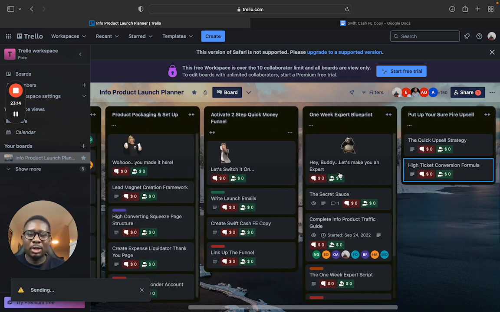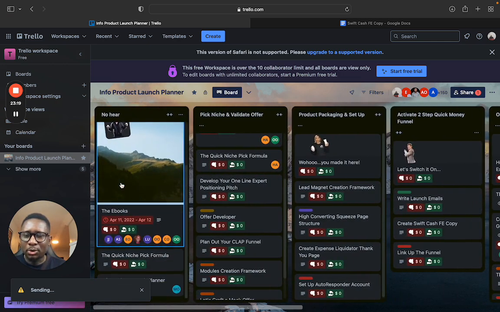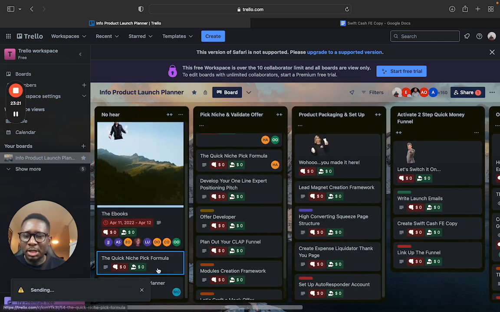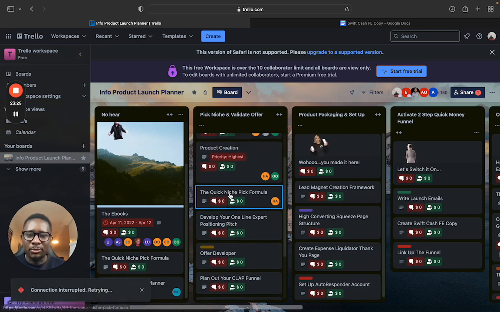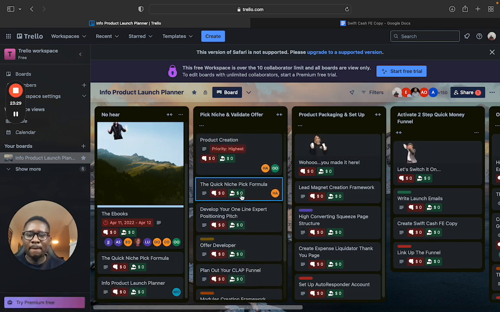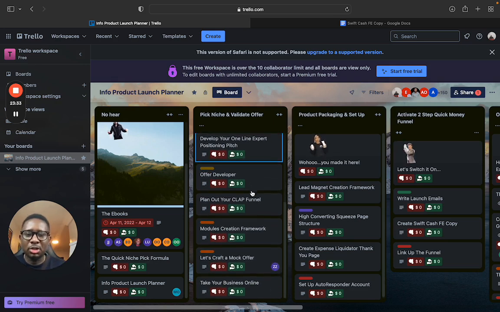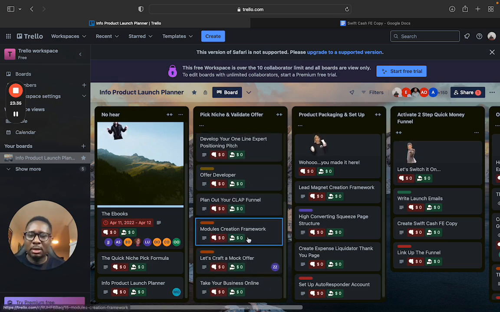So we have a lot of fill in the blanks here. We have fill in the blanks for picking a niche, if you want to pick a niche. We have one for planning out your funnel. We have fill in the blanks again for coming up with product ideas, how to develop an expert positioning page, how to develop your offer, plan out your funnel.